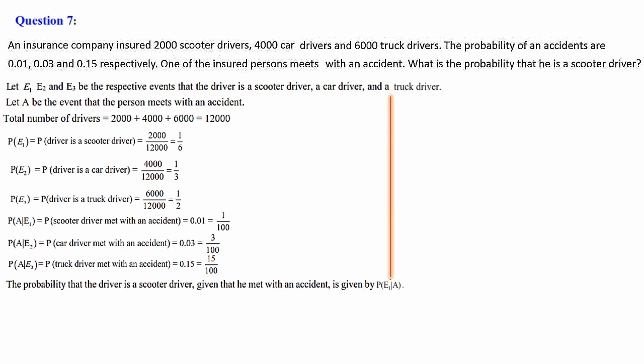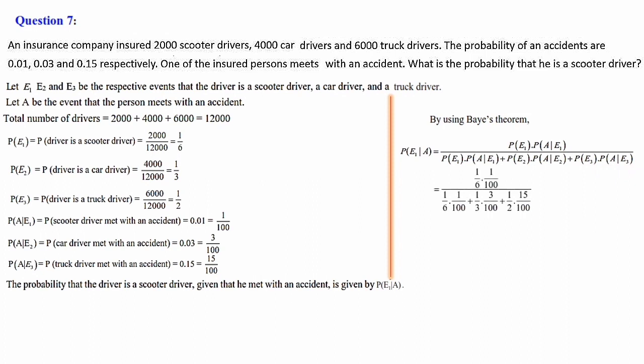By using Bayes theorem, we can write the formula: P of E1 given A is equal to P of E1 into P of A given E1, divided by the total probability, P of E1 into P of A given E1 plus P of E2 into P of A given E2 plus P of E3 into P of A given E3. Let's substitute it.